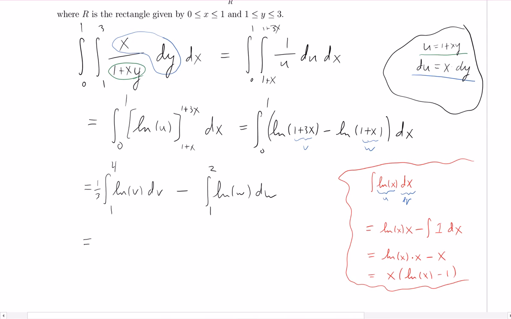Now we use our formula in red over on the right. So the integral of logarithm is v times (log v minus 1). This whole thing we have to evaluate from 1 to 4, minus, same thing for w. w times (log w minus 1) from 1 to 2.